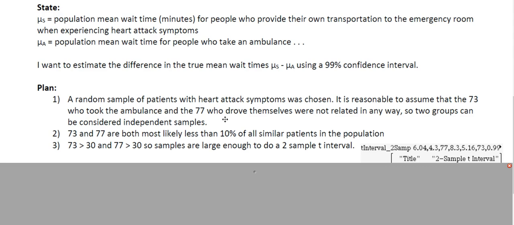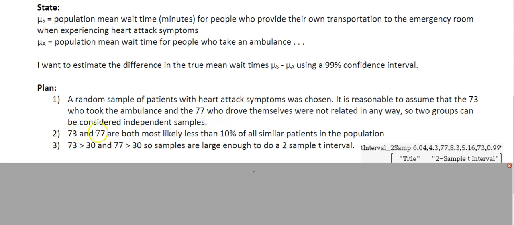In that matched pairs situation the two samples are not independent of each other, and we have to do a matched pairs t-test, a single t-test of the differences, rather than the difference of two means that are independent of each other. Important distinction. Make sure that you say something about that in your planning step.